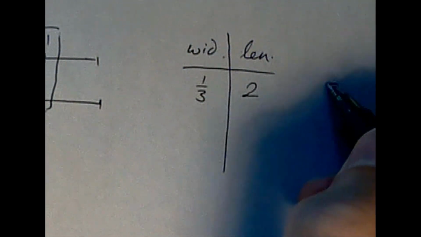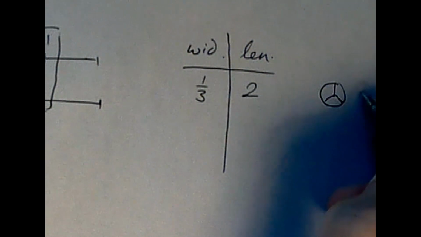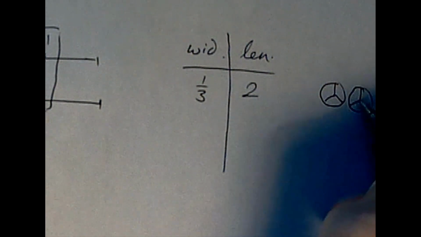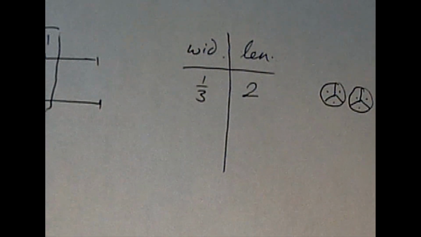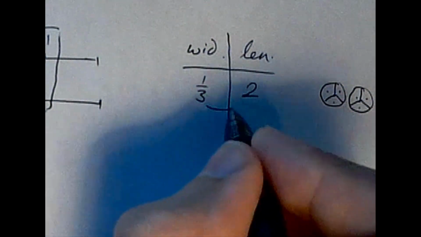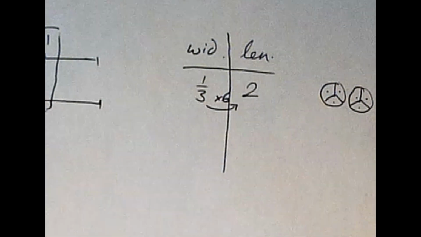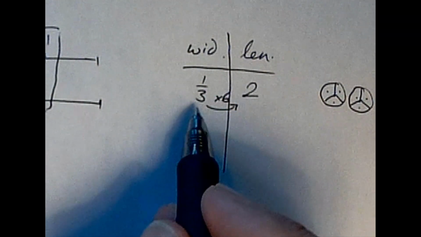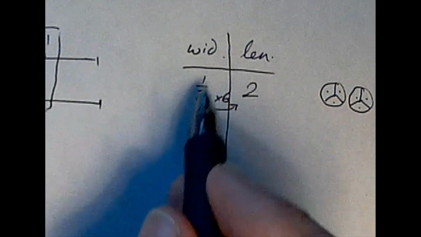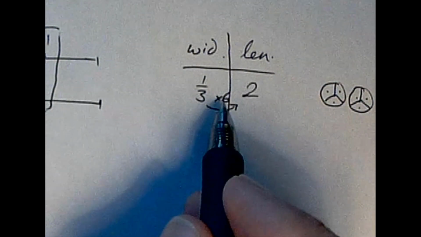Well, we can work that out visually, right? There's 2, and there's 1, 2, 3, 4, 5, 6 thirds in 2. So that means you take 1/3 and you can multiply that by 6 to get to 2. So 1/3 times 6 is 2.